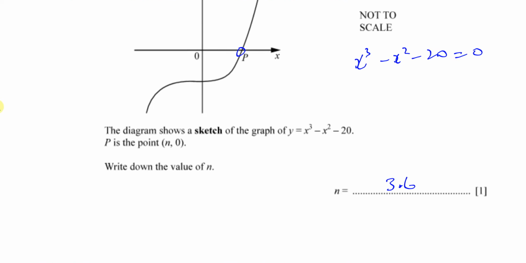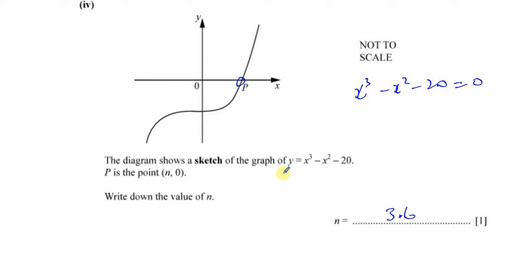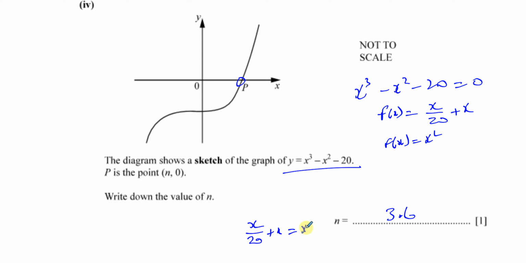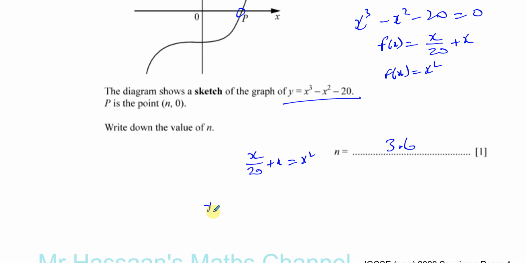I hope you understand why, because this equation, we formed it from equating f of x equals x over 20 plus x, and f of x equals x squared. When we made them equal to each other, x over 20 plus x equals x squared, and rearranged it, we ended up with exactly what we got here, x cubed minus x squared minus 20 equals 0. And where does this equal 0?